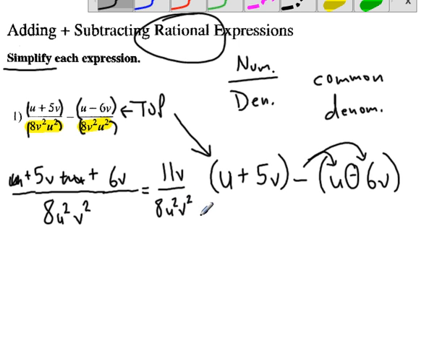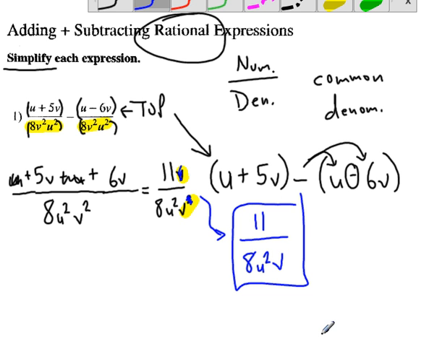Now, this isn't fully simplified because I have a v here and a v term down here as well. Go back to simplifying algebraic expressions: down here there's two v's, up here there's just one, so that cancels with that one. So your answer becomes 11 over 8 u squared v.